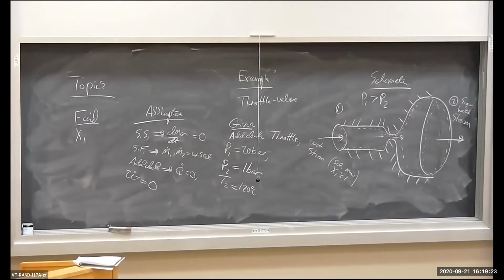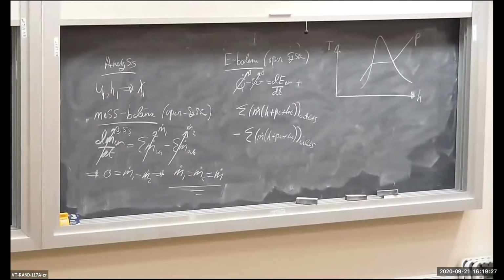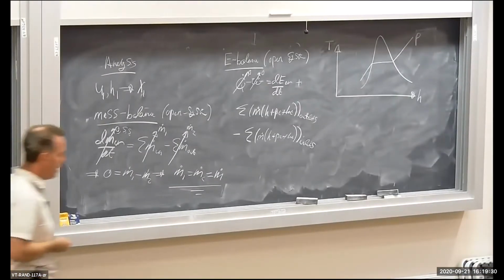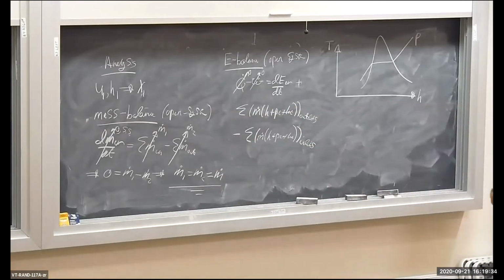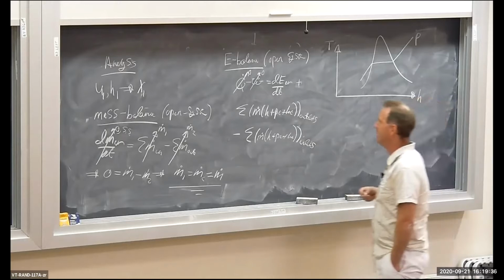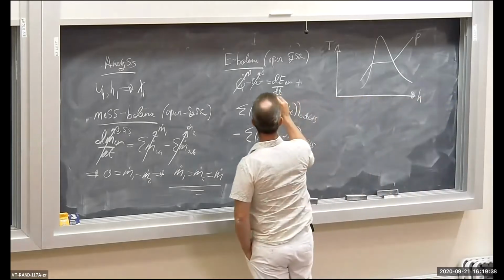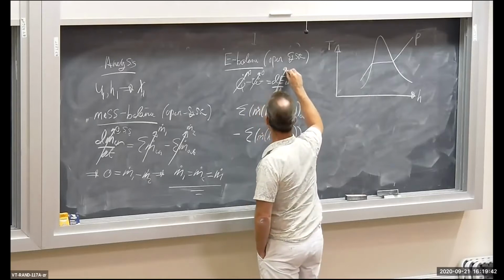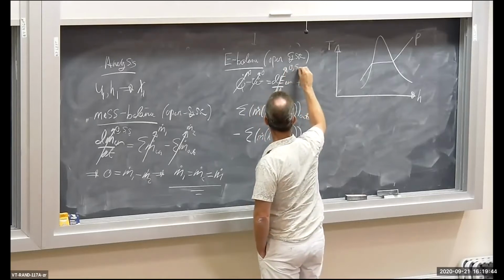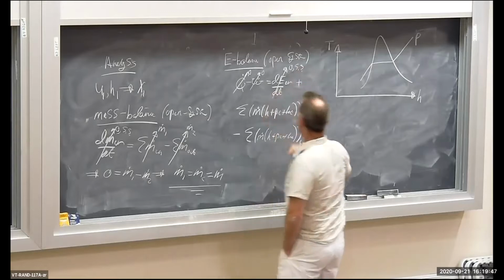Steady state. That means the amount of mass and the amount of energy doesn't change with time in the control volume if we are in steady state. That means dECV dt, the energy within the throttle valve doesn't change with time. So I'm going to write 0, steady state.